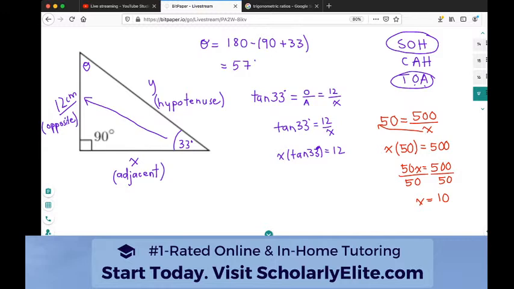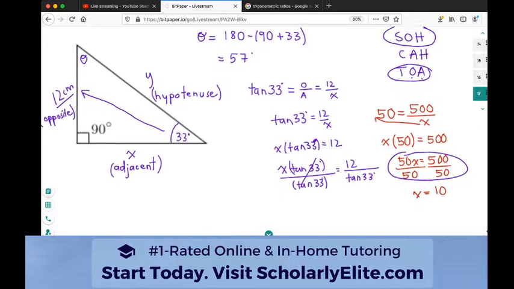Okay, so now I'm going to divide off, just like I did here. I'm going to divide off tan of 33. So if I have x times tan of 33, to divide that off, I'm going to divide tan of 33 from both sides. Great. These two cancel.